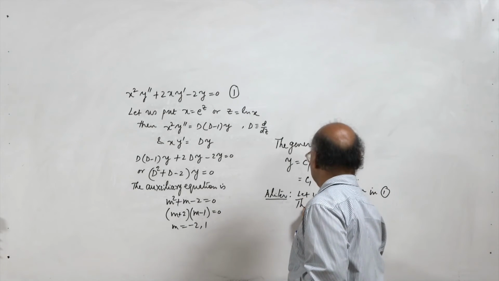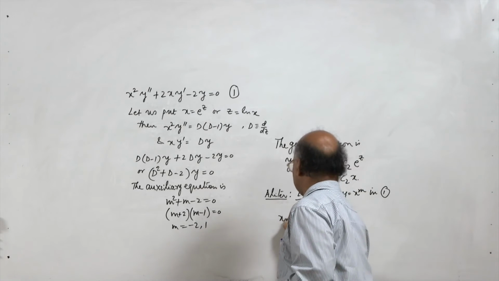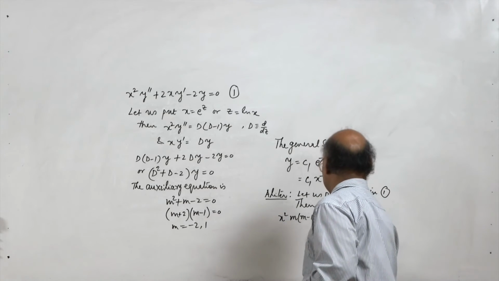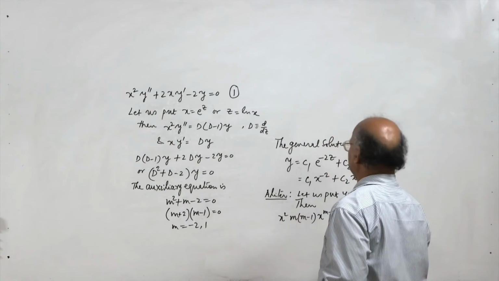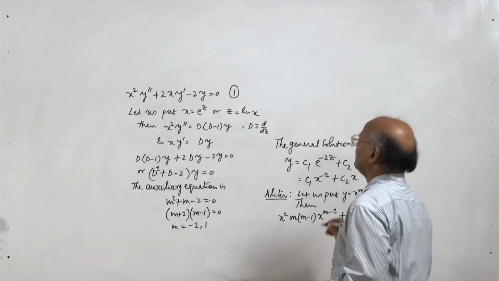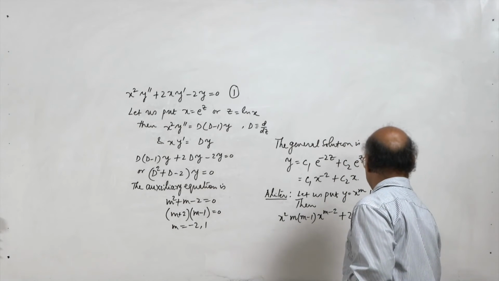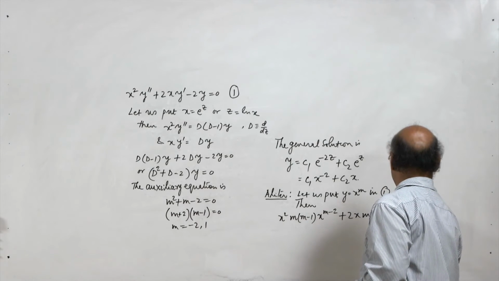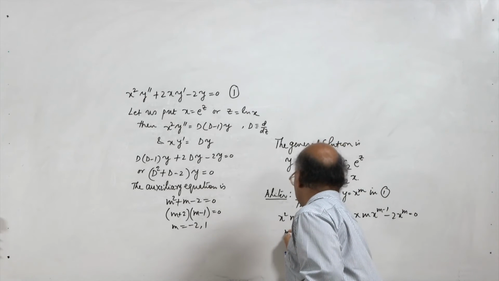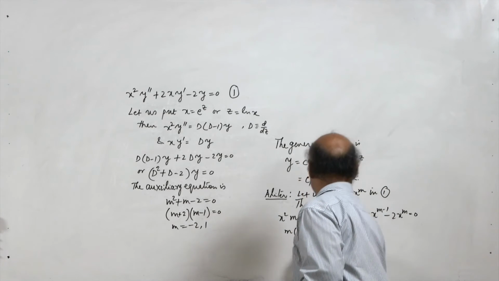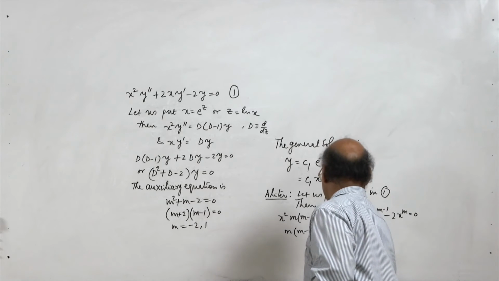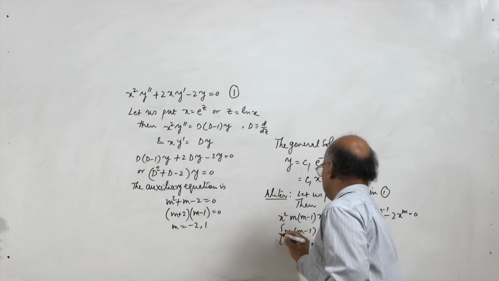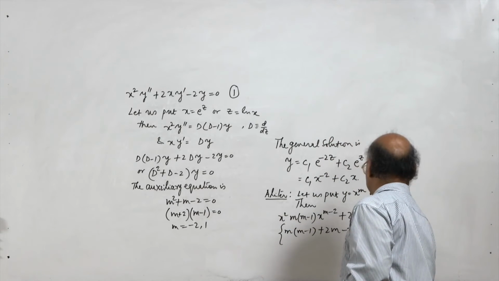Then what do we have? x square times m into m minus 1 x to the power m minus 2 plus 2x times m x to the power m minus 1 minus 2x to the power m equal to 0, or we can say m into m minus 1 plus 2m minus 2 times x to the power m equal to 0.